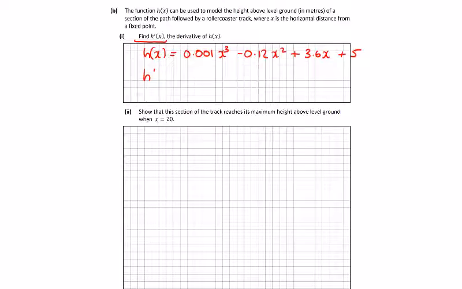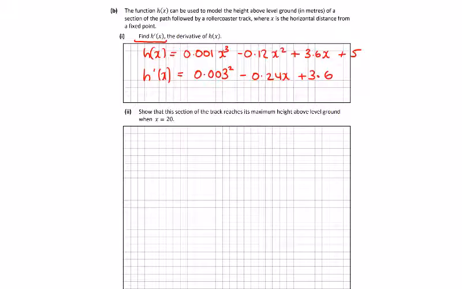So h prime x doesn't change anything just because they're small decimals. 3 by 0.001, 0.003 x squared minus 0.24x plus 3.6 is my derivative.